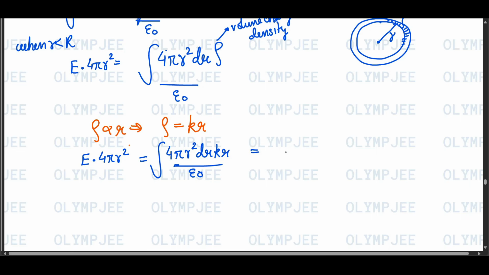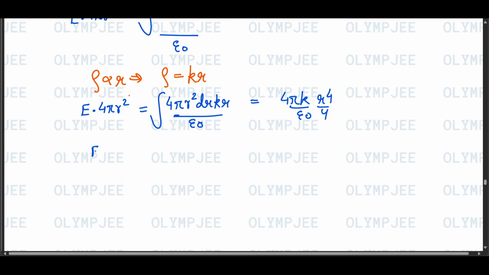So this will become 4 pi k by epsilon naught r to the power 4 by 4. So the field will finally become, 4 pi will get cancelled and r square will get cancelled, so it will become k r square by 4 epsilon naught.